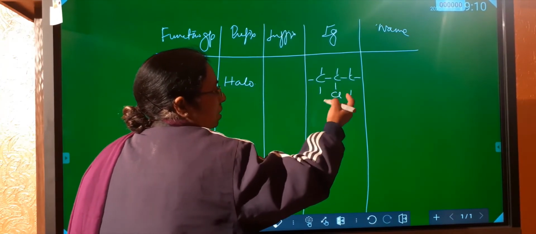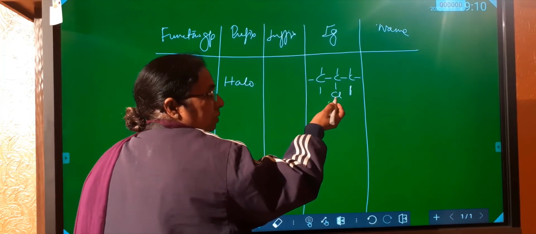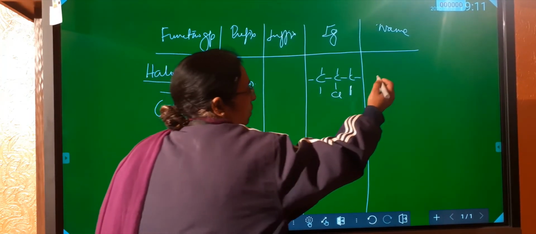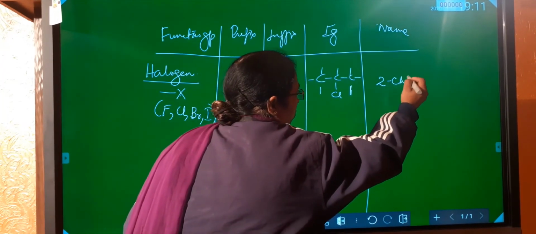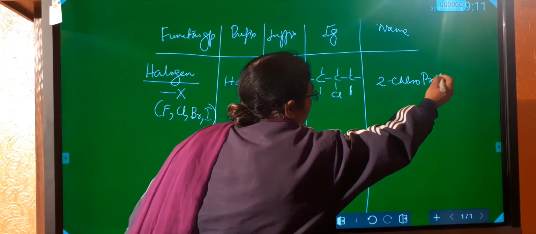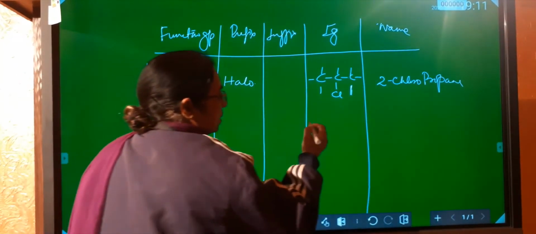So supposing I have this halogen, the root name over here is prop, and chlorine is there, so we will be specifying the position. This is 2-chloropropane. Let us see another example.